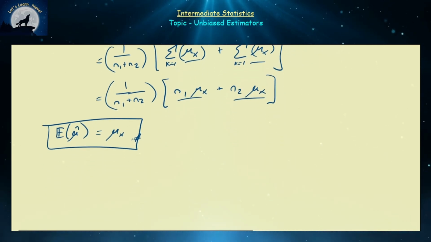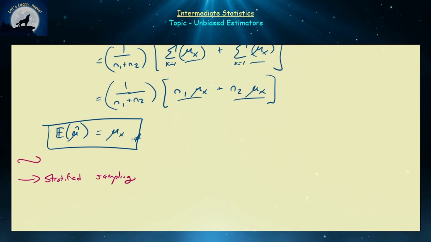So what does that mean in terms of stratified sampling? In case you don't remember what stratified sampling is, you take your population, partition it into a bunch of smaller populations, and sample simple random samples from each of those populations. That's what we call stratified sampling.